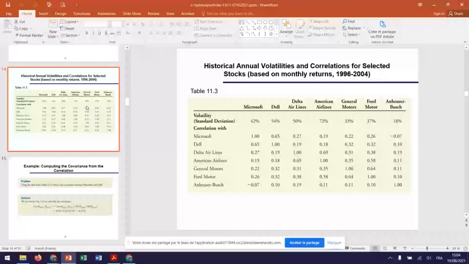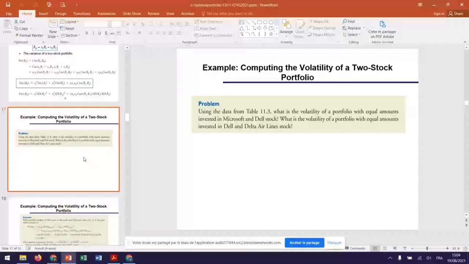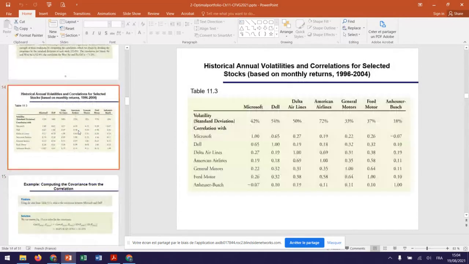Okay? Before you calculate it, if I take the data here, I form my portfolio 1 between Microsoft and Dell. My portfolio 2 is Dell and Delta Airlines. If these are both with equal amounts, 50%, 50% of each, which portfolio, 1 or portfolio 2, should have less volatility, even without data?